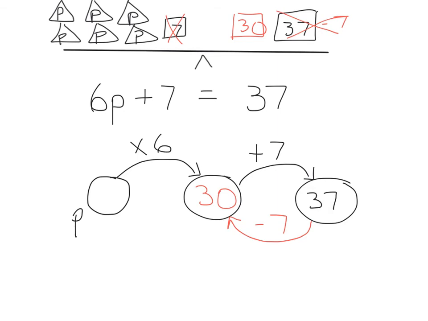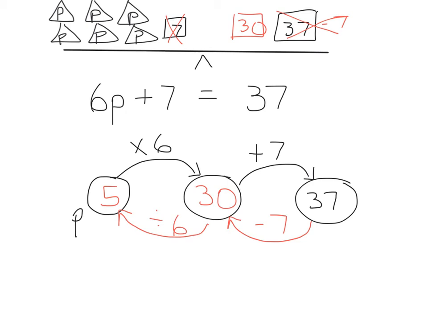Well, now I have 30, that's worth 6 boxes. So I can split that 30 into 6 boxes. That would be doing the opposite of multiplying. Instead of multiplying by 6, I'm going to divide by 6. And 30 divided by 6 would put 5 in each box.